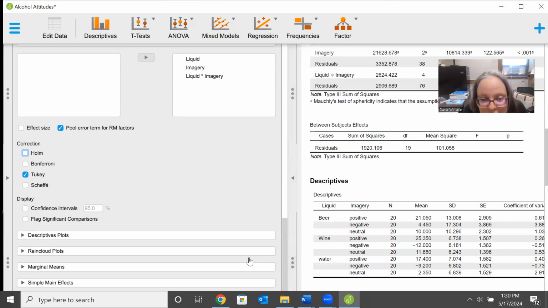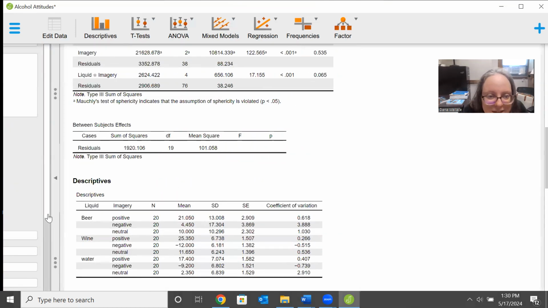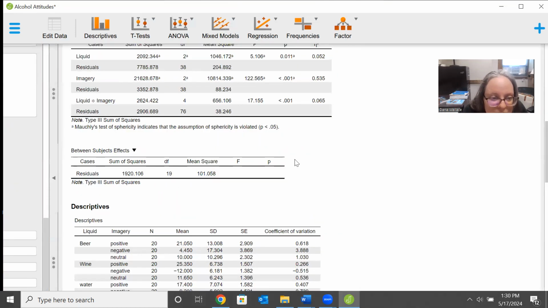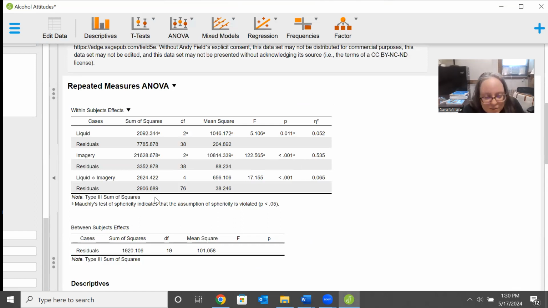So let's scroll this over so we can see a little bit more. All right. So within subjects ANOVA, we have a significant effect of liquid, significant effect of imagery, and a significant interaction. Much like with our previous type of ANOVA, we still don't know what's driving that.